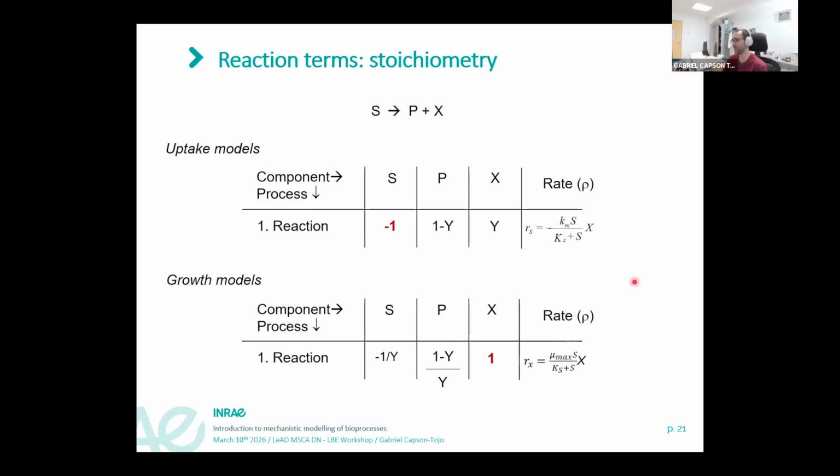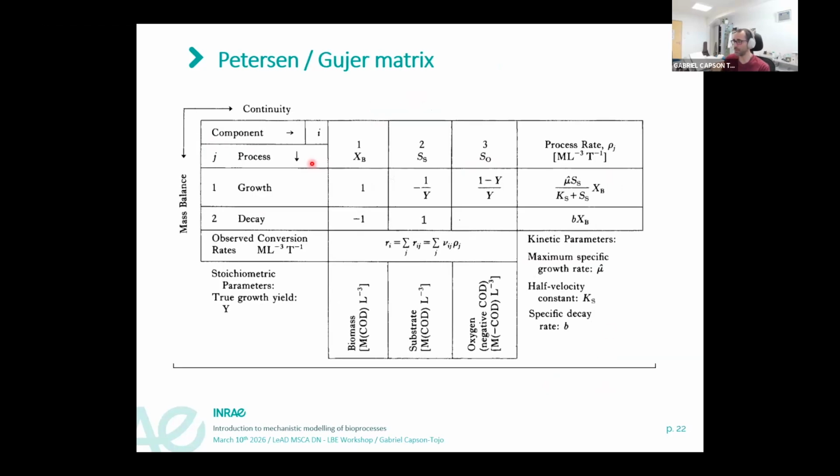So this is by far the most common representation that we will have of our bioprocess models. And just to show you where this comes from, this is very typically used in most bioprocess models. This is old because Petersen matrices are quite old. We are not reinventing anything here.